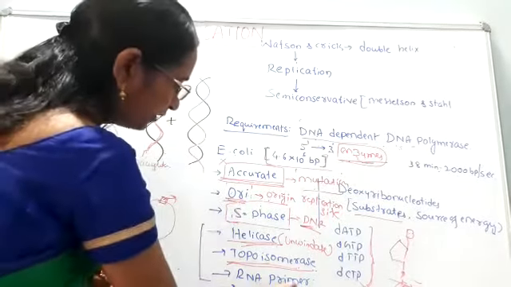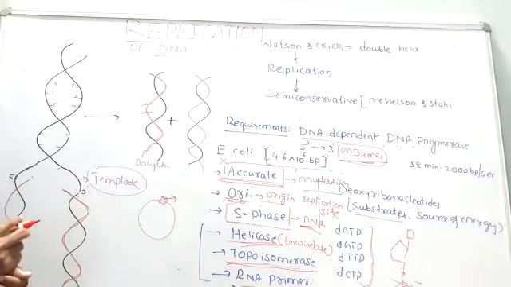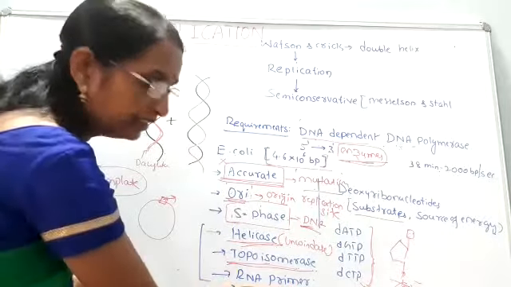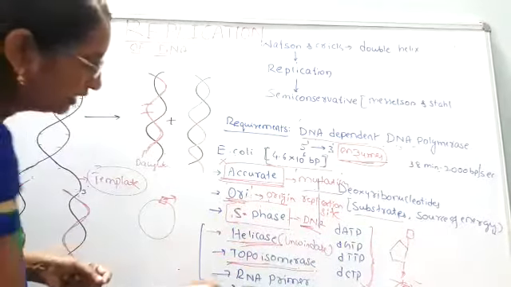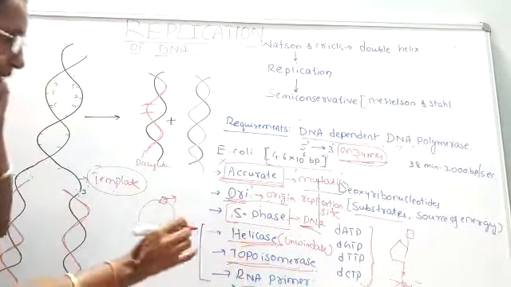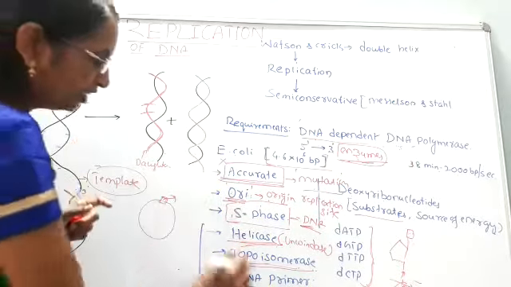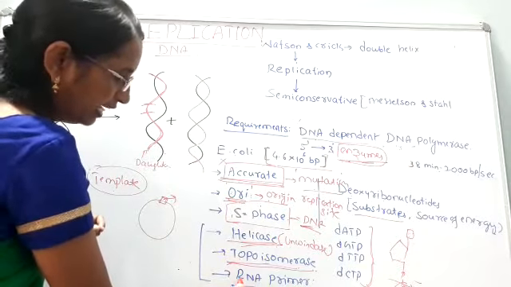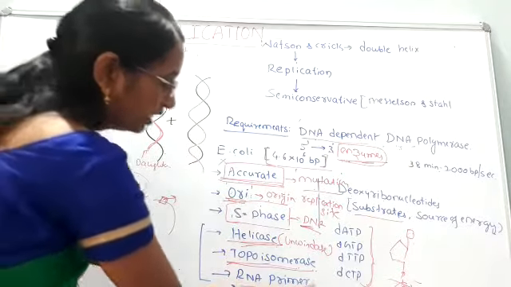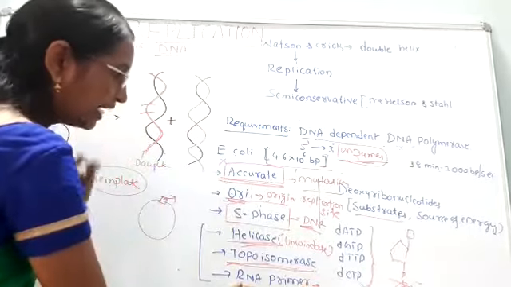Similarly, there is one more component known as RNA primer. Without RNA primer, the replication is not carried out. The initiation of DNA replication is started by RNA primer.